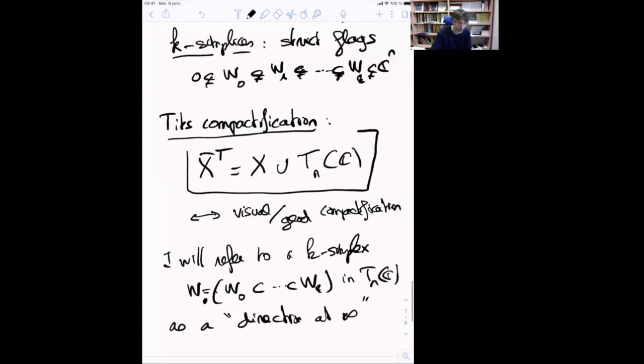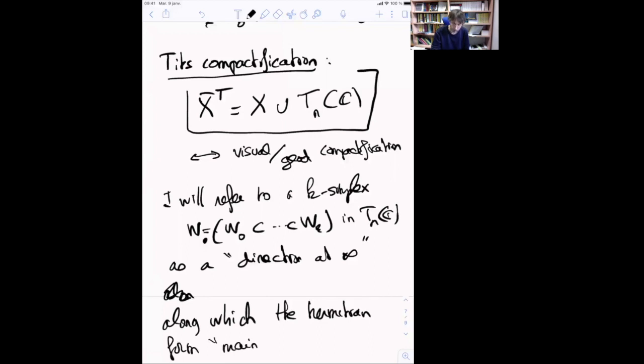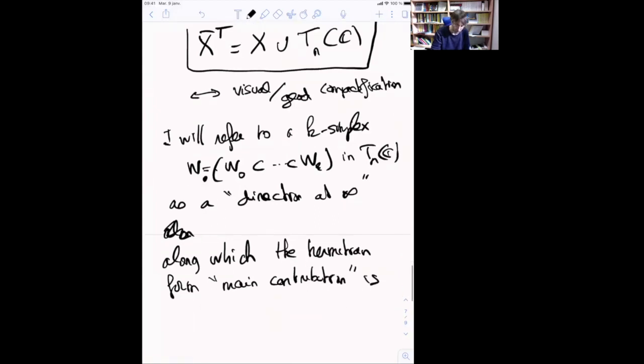at infinity, and along this direction, you can understand how the Hermitian forms, remember that points in X are Hermitian forms, and how they degenerate. Along this direction, the main contribution is something like that.